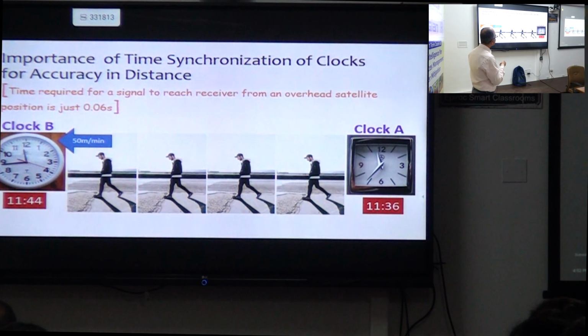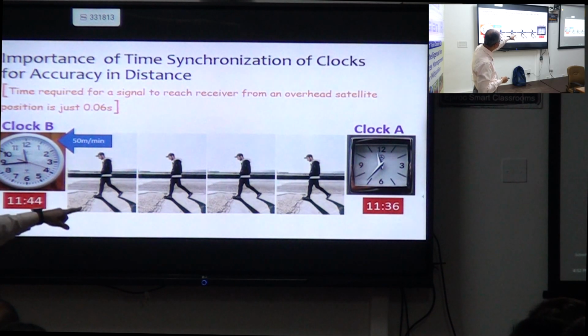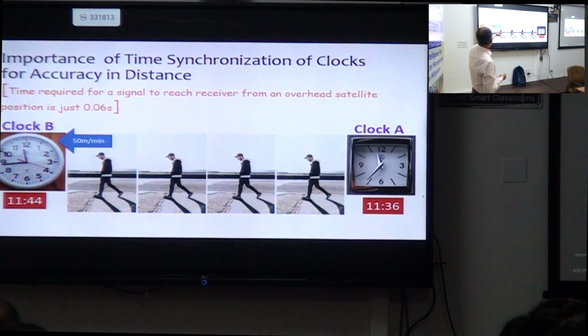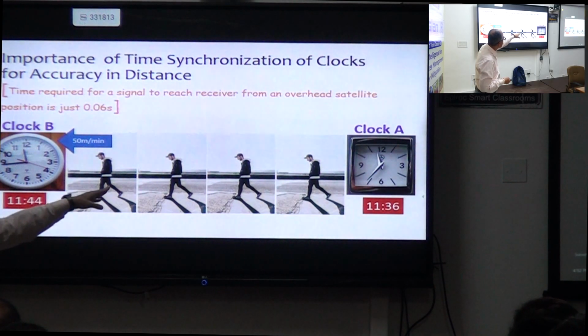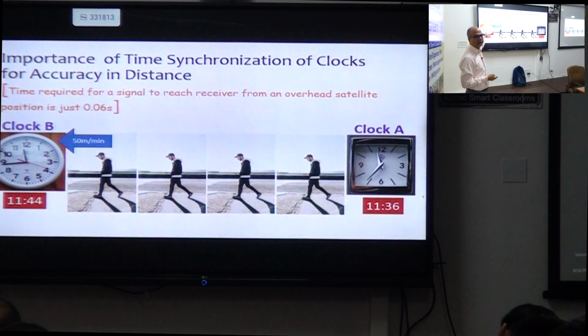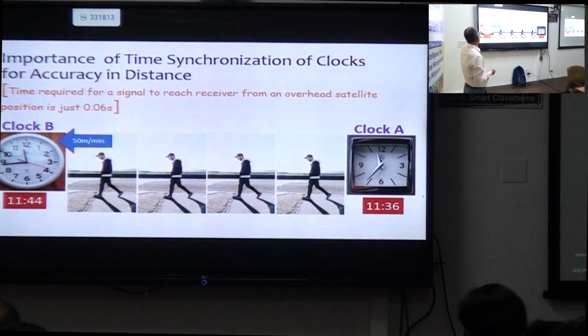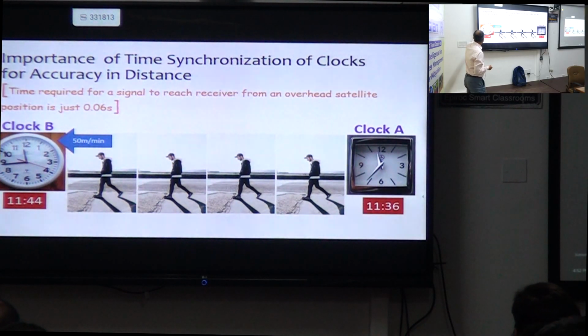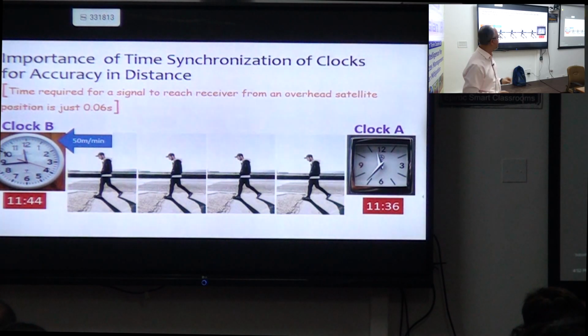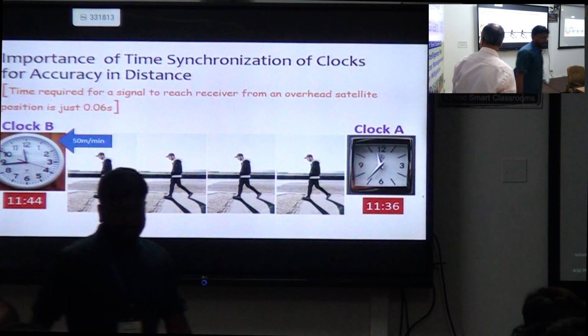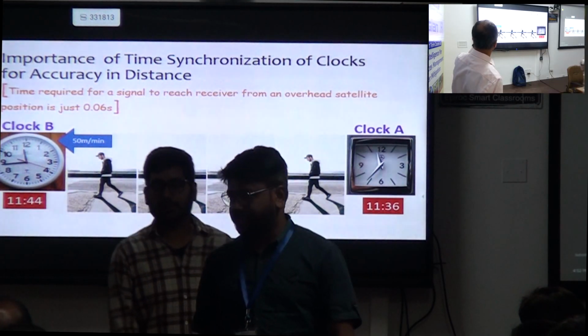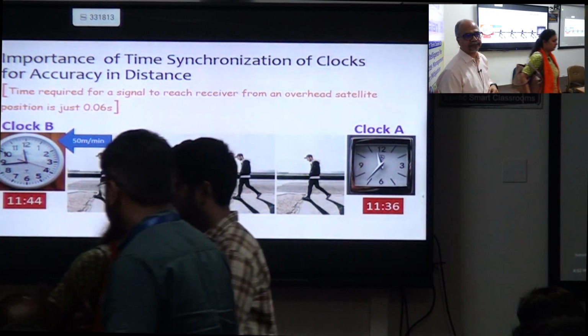So when I started, my time was, say, 12:36, and when I reach this point, that clock is different from this clock, okay? And when I have reached this point, my clock time is 11:44, and I have moved with a speed of 50 meter per minute.